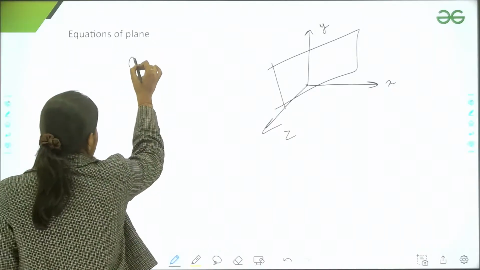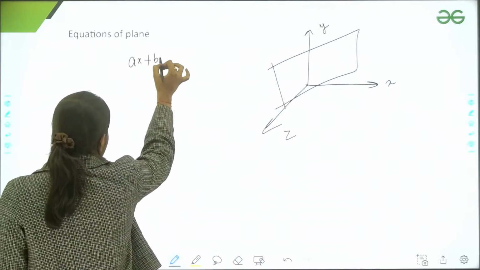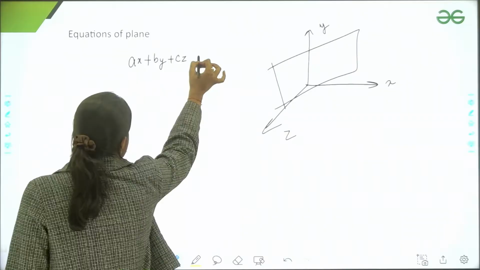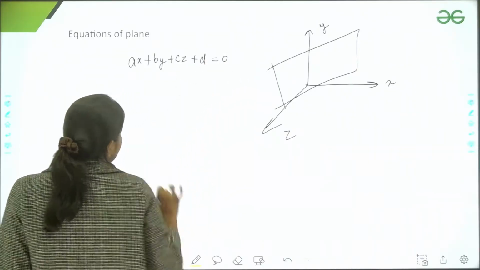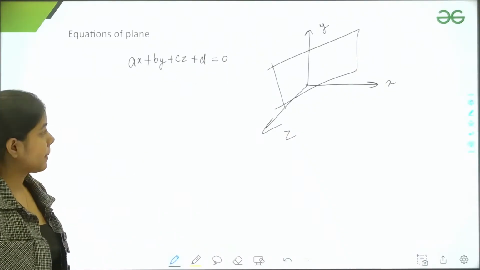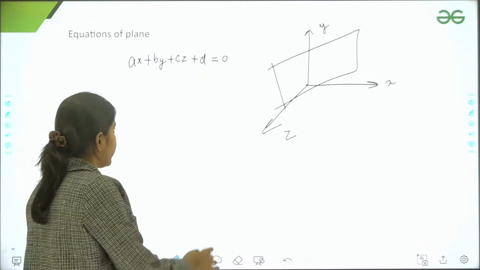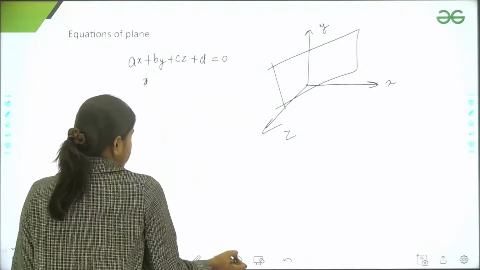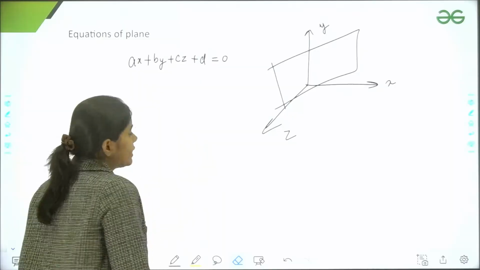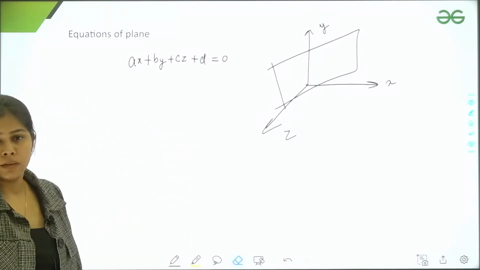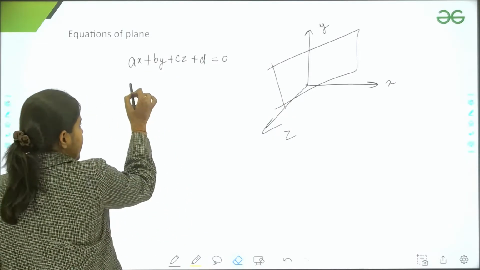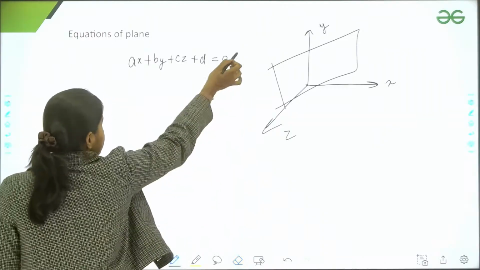So for that, the equation would become ax plus by plus cz plus d equals 0. Or we can write it like this. Or can I write this as z equals to, so this is my equation.